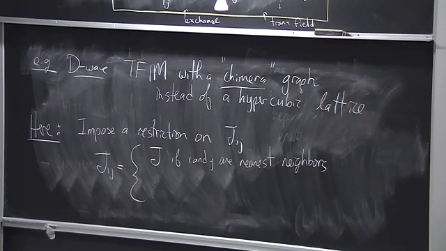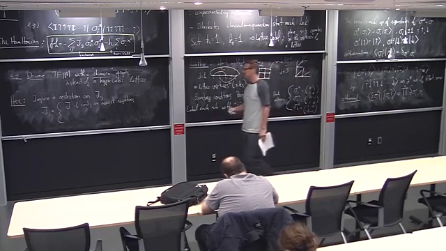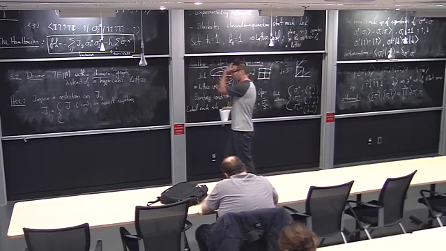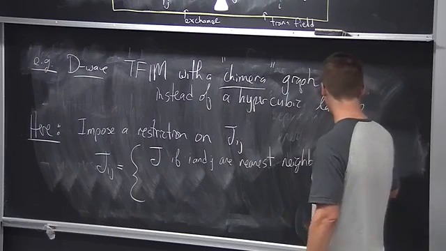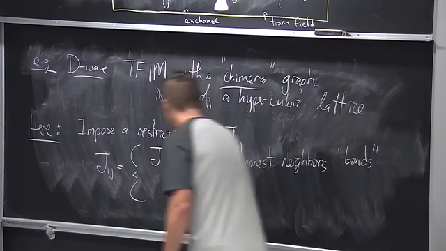Nearest neighbors are defined by these lines. That's why we drew these lines and I called them bonds. So these are bonds. And then it's 0 otherwise.